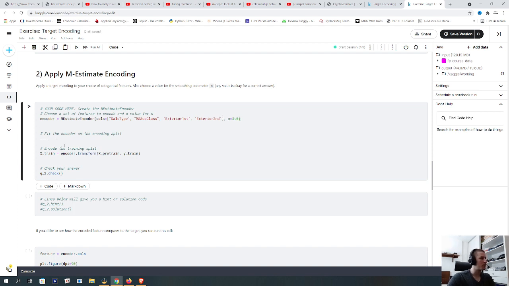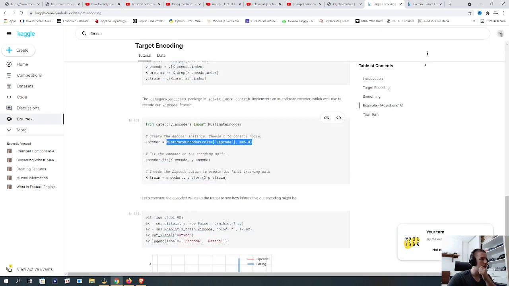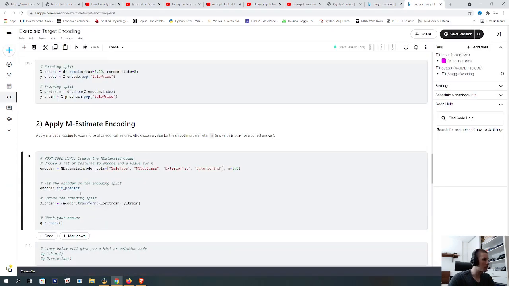Fit encoder on the encoding split. encoder.fit_transform. That's fit. X_encode, y_encode.